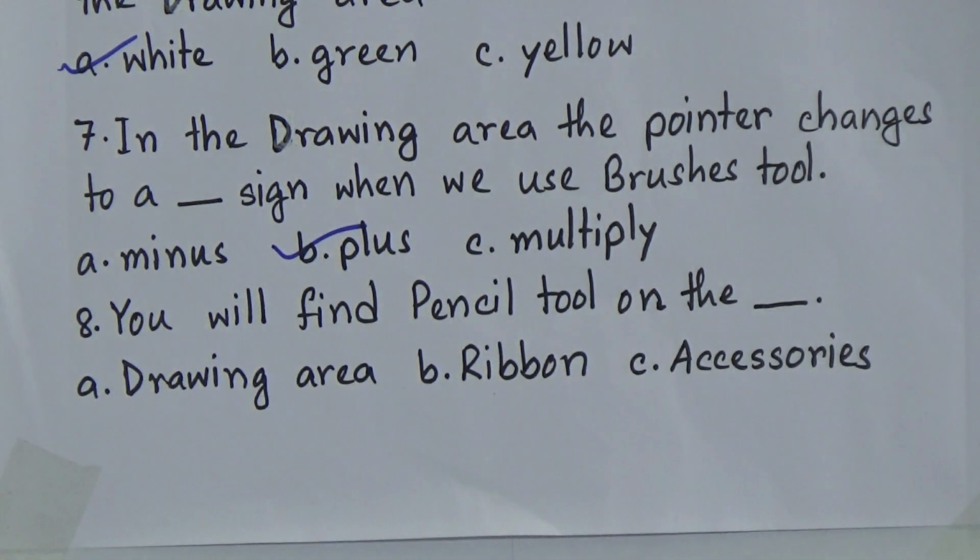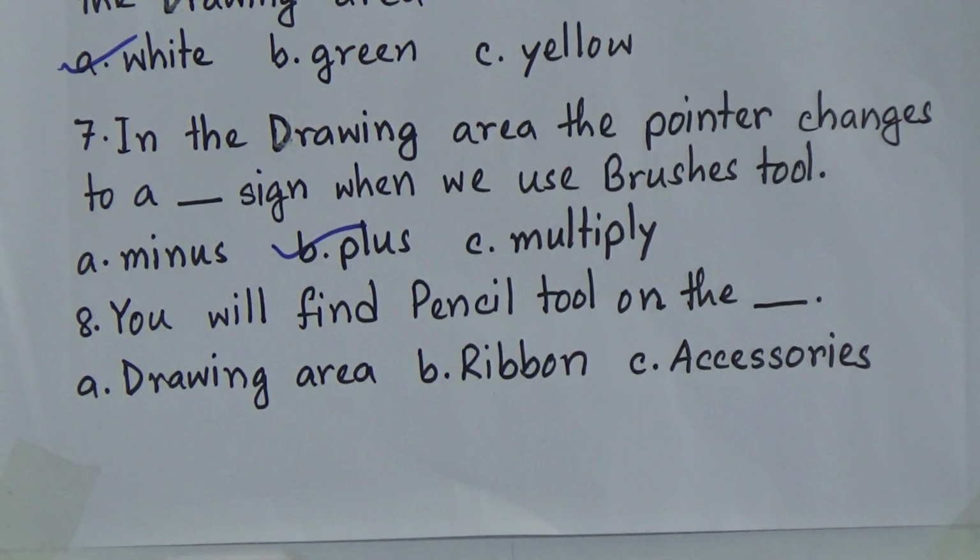Now number 8. You will find the pencil tool on the dash. Where will you find the pencil tool? A, drawing area, B, ribbon, C, accessories. So where will you find it? Could you remember? You will find the pencil tool on the ribbon.